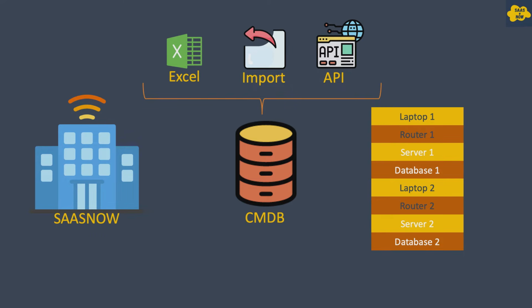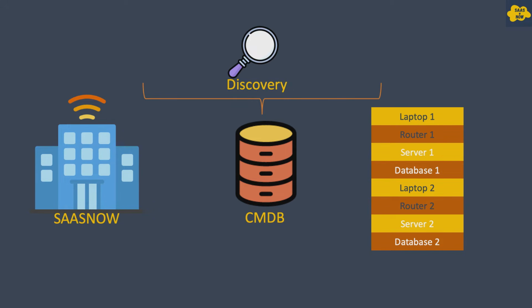Now, all these imports are kind of manual and need timely maintenance, which might need more money and resources. Now, if I keep discovery in the picture, then no manual imports or managing third-party integrations are needed, as discovery will do all of these jobs itself and find these devices of your organization automatically to update them in CMDB.